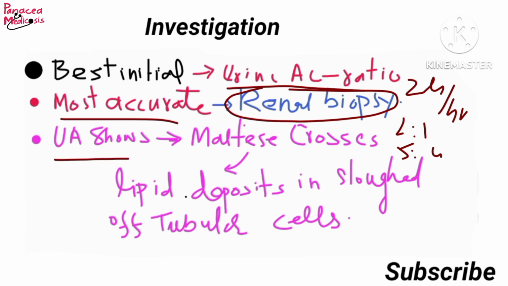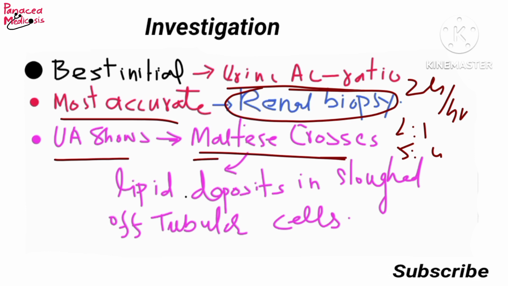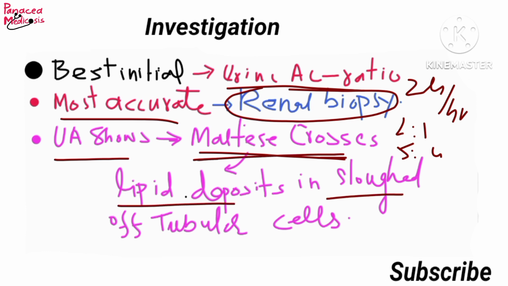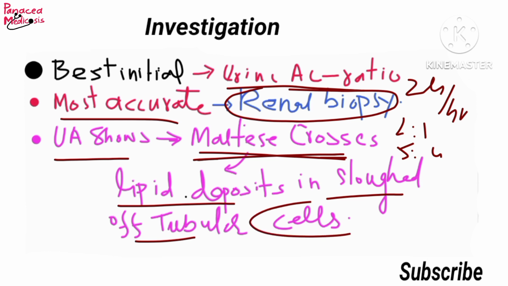And urinalysis shows Maltese crosses, which are seen in hyperlipidemia. What are Maltese crosses? These are lipid deposits in the slough of renal tubular cells.